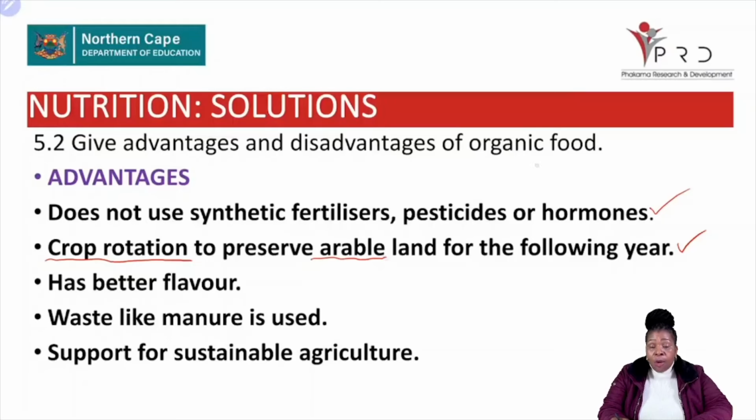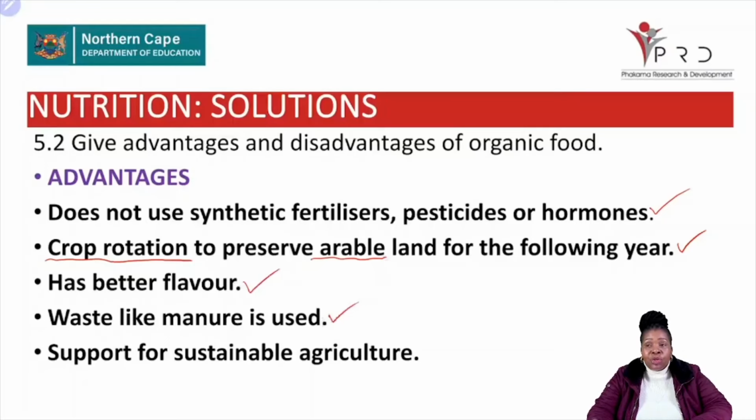So organic foods have a better flavor. The foods that are produced organically have a better flavor. And also, waste like manure is used. So they use the natural manure.